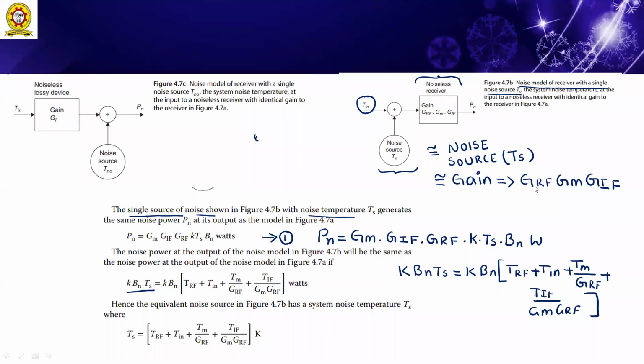So by solving this equation, we have the system noise temperature formulated here.